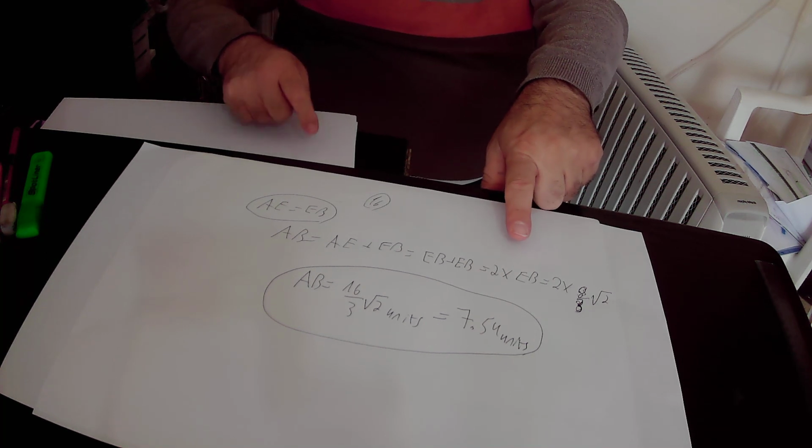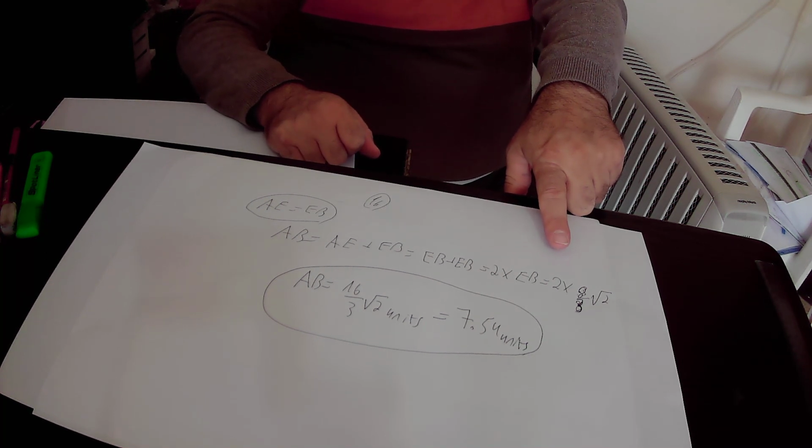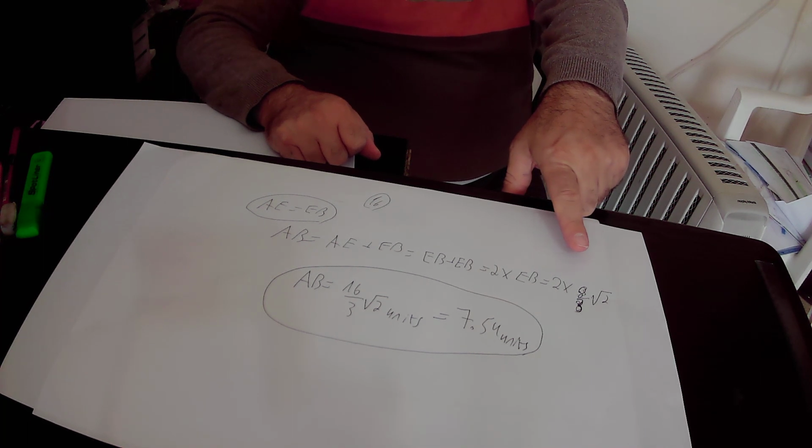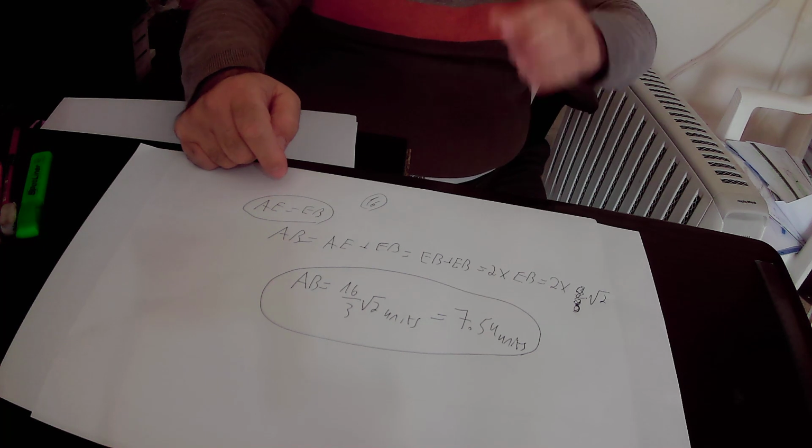That is to say AB equals 2 times EB. But we have already found out that EB equals 8 over 3 times square root of 2 units. So 2 times EB will be equal to 2 times 8, which is 16 over 3 times square root of 2 units.